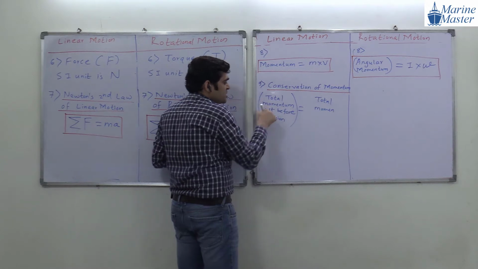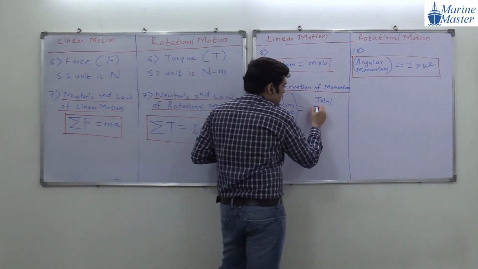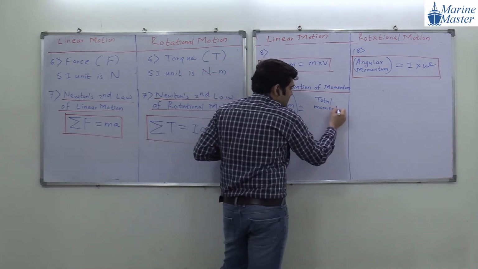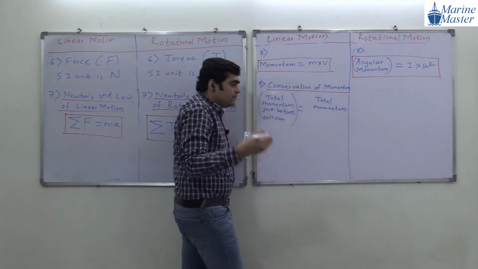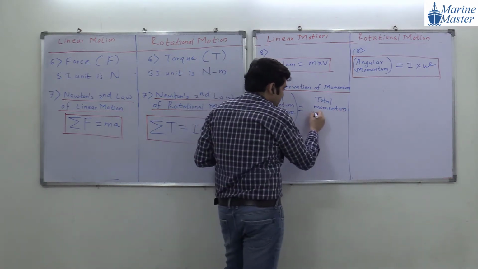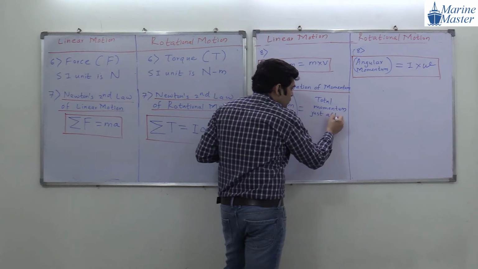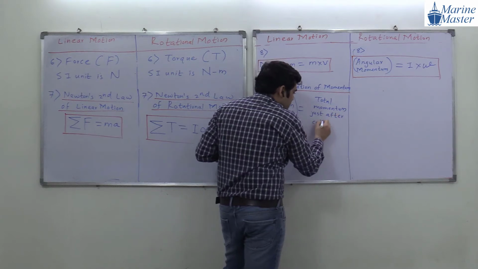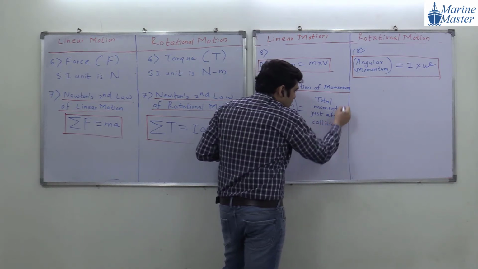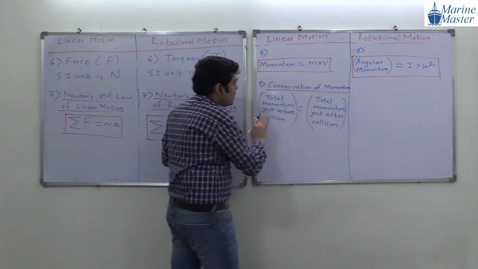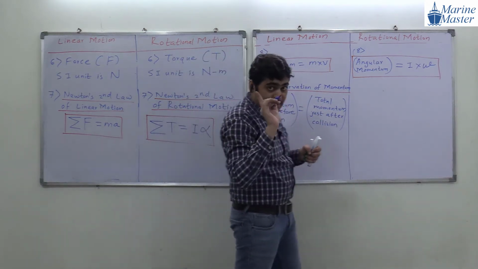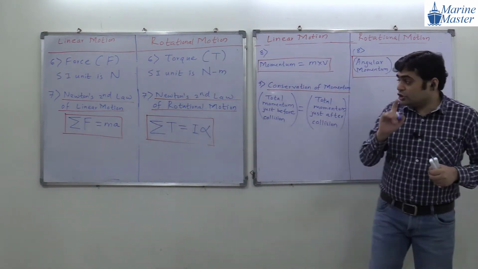Total momentum just before collision is equal to total momentum just after collision. Everyone try to see the point here. So this is what we mean by conservation of momentum. Very, very important point.